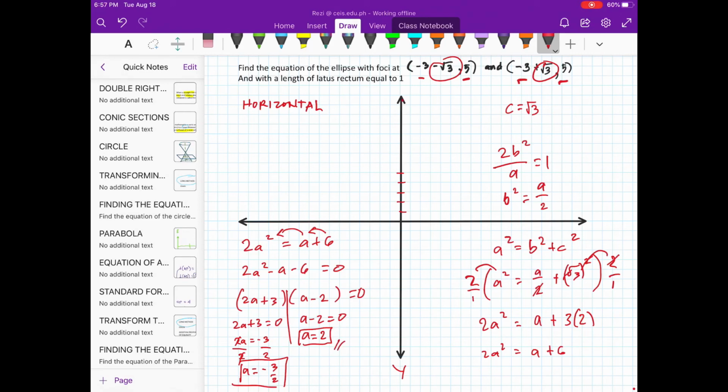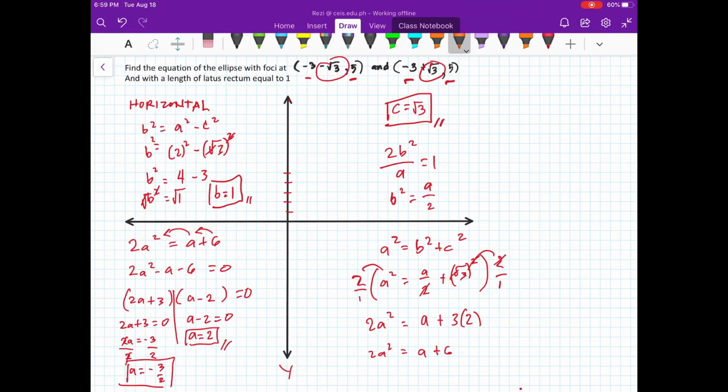And because we have the values of a and c, let's solve for b squared. Horizontal formula.